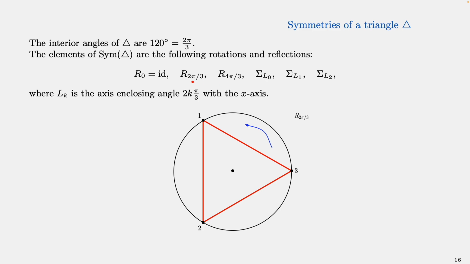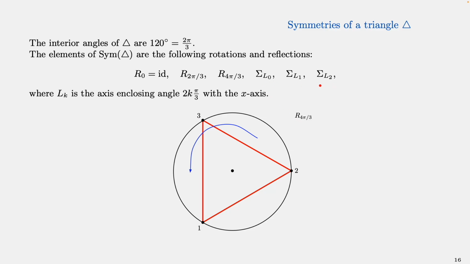The next is if we apply this twice, we get a 2/3 rotation, which is the rotation by angle 4 pi divided by 3. This is this one here, where 1 gets rotated to where 3 used to be, 2 gets rotated to where 1 used to be, and 3 gets rotated to where the 2 used to be.